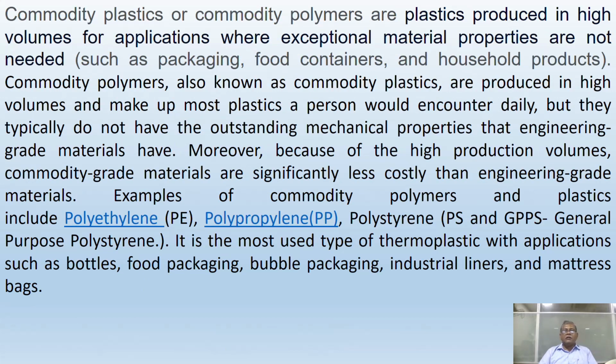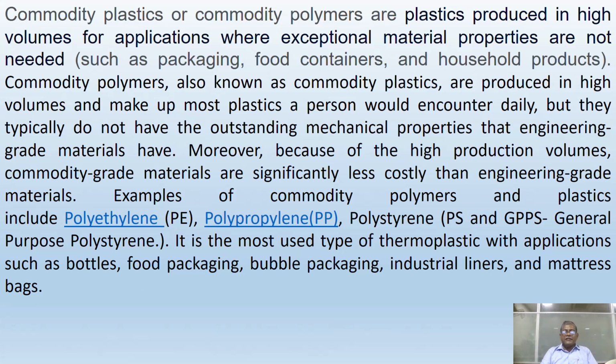Commodity plastics are commodity polymers or plastics produced in high volumes for food packaging, food containers, and household products. So examples of commodity polymers and plastics include polyethylene, polypropylene and polystyrene.